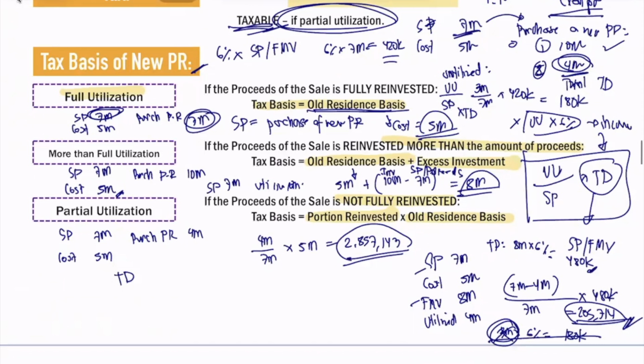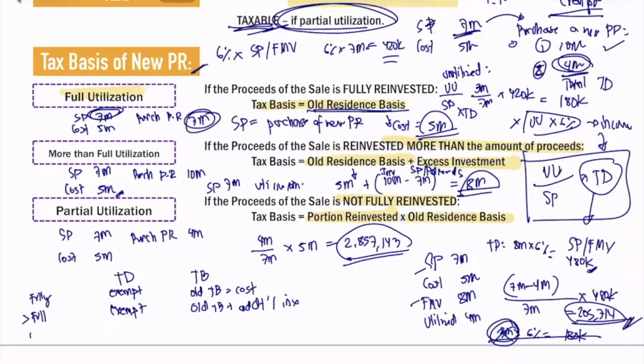Okay? Ulitin natin. As to tax due. If fully utilized, exempt. Tax basis, the old tax basis, which is normally the cost. Pag more than full utilization, tax due is again exempt. The tax basis is the old tax basis plus additional investment.